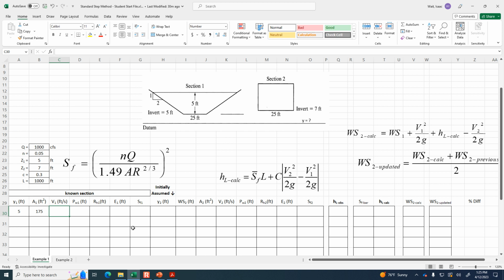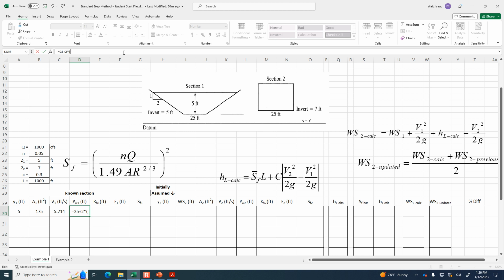Okay, so V equals Q divided by A. So Q divided by the area. Okay. Wetted perimeter, we've got to have the 25 feet across the bottom plus 2 times this side distance. And so it is 25 plus 2 times the square root of 5 squared plus 10 squared to get that side length.